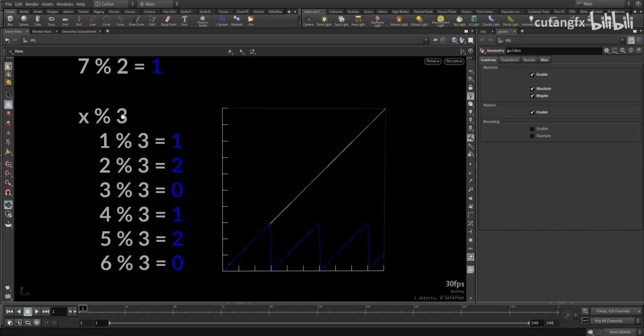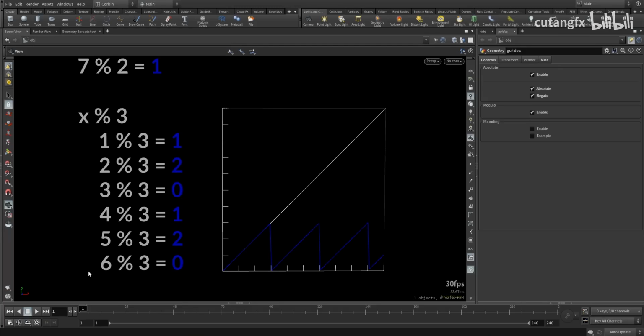You would still do modulus to 3, but then you would just do frame number, so $F modulus to 3, and then you would just plus 5. So then it would be, 1 plus 5 would be 6, and then 2 plus 5 is 7, and then it would go back to 5. So it would be 6, 7, 5, 6, 7, 5, 6, 7, and that's how it would go forward, right?